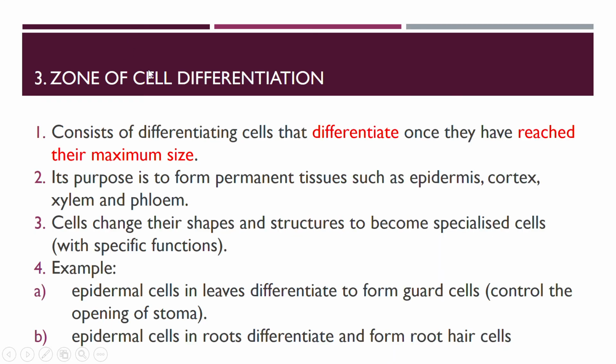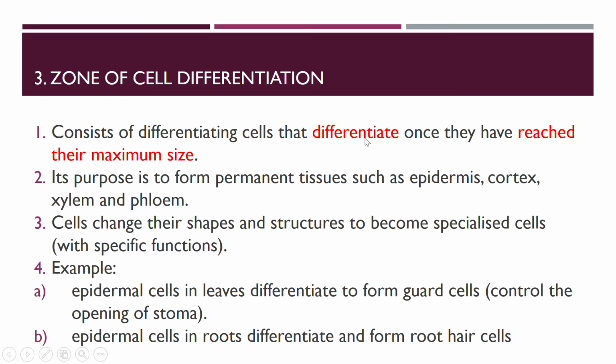Okay, zone of cell differentiation pula consists of differentiating cells, differentiate once they have reached their maximum size. Tadi mereka sedang membesar, okay, kemudian perlahan-lahan sudah sampai size yang paling maksimum. Jadi macam mana? Mereka harus membeza. Okay, buat pembezaan, proses pembezaan.